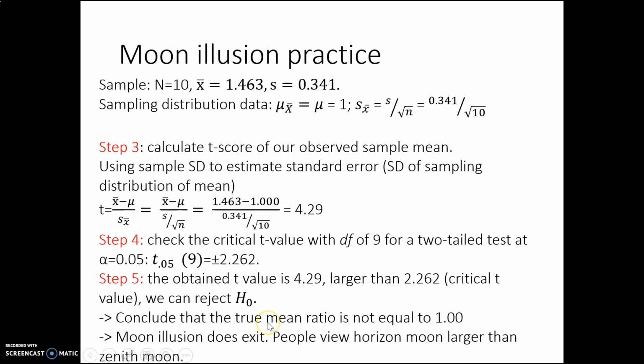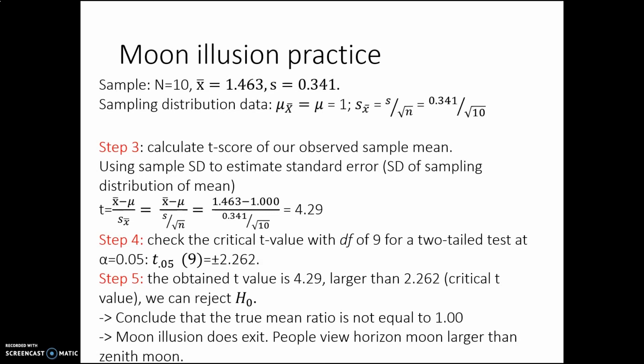By inserting the word significant in our conclusion, we mean that this observed difference between the sample mean and the population is a true difference. It's not coming from observation bias or chance. It's a true difference.